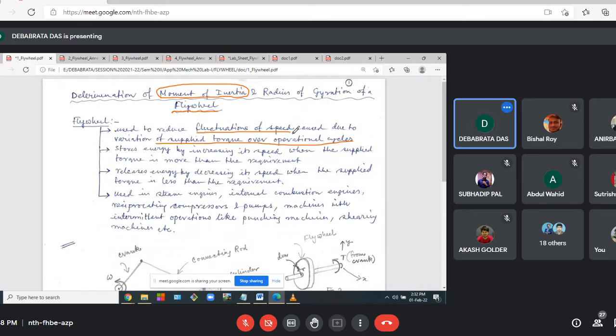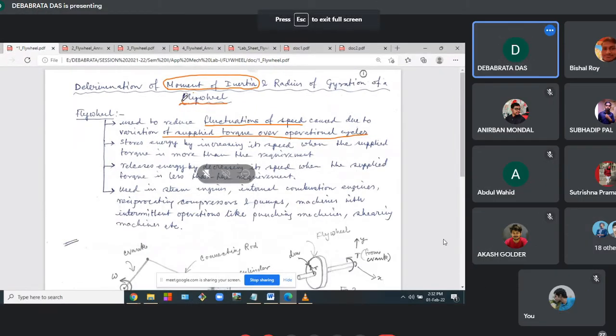In that case flywheels are used, and their job is to reduce the fluctuation of speed. Fluctuation of speed cannot be nullified, but it can be reduced using this device called a flywheel.